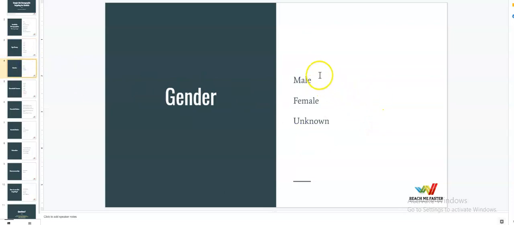Next is the gender, of course, male, female, and unknown. Once again, I would not adjust bids on any of them because we have not seen any particular preference. Well, maybe because the females, the mothers, might bring their children, you may want to adjust the bids up for them a little bit. But again, you have to have data available before you make that decision.